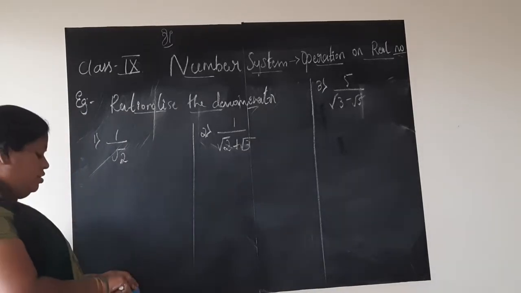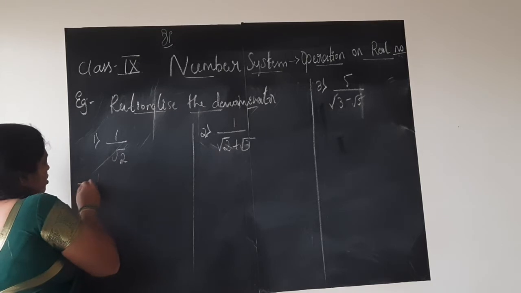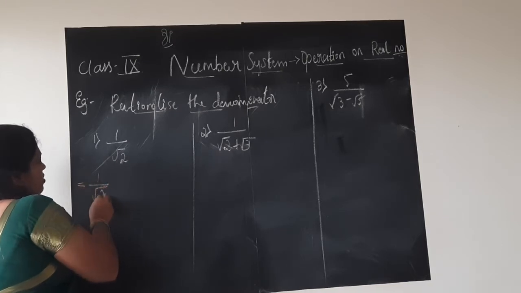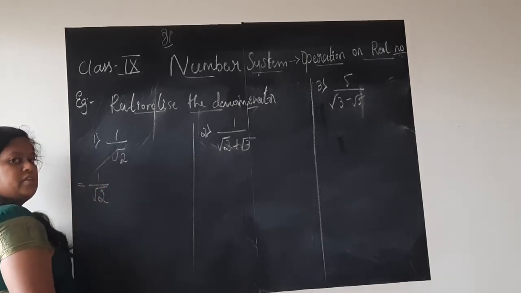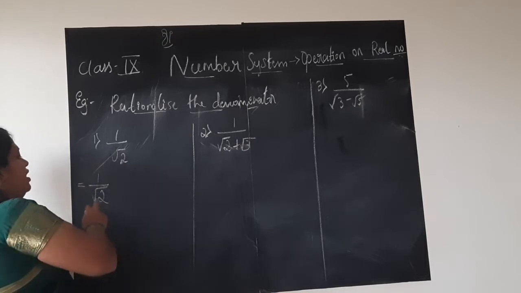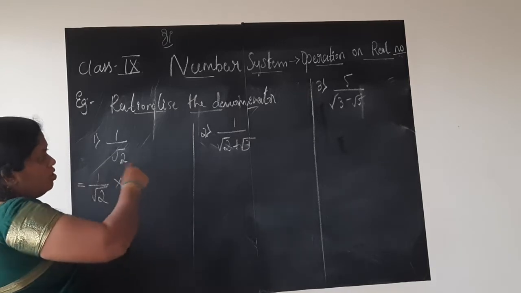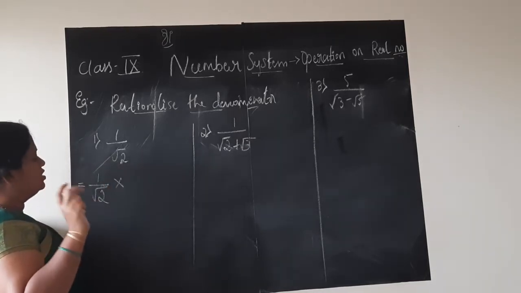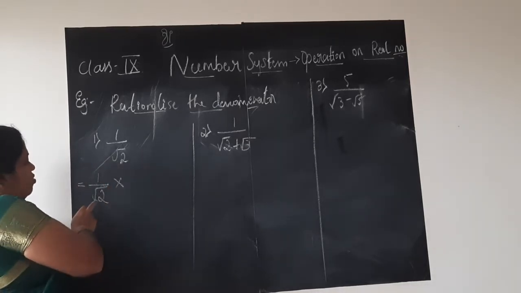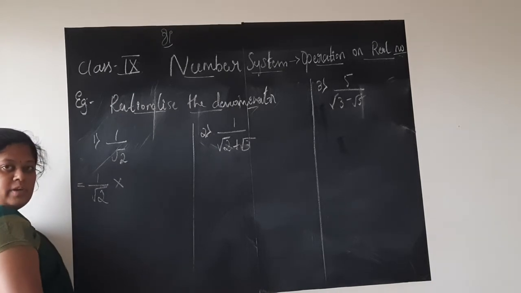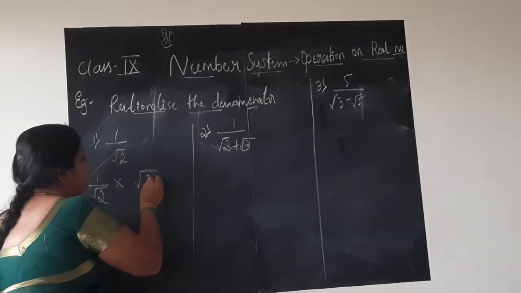So, rationalize the denominator of 1 by square root 2. Whatever the question is, you will write it as it is. Next, write a multiplication sign. For any form of question asked, write a multiplication sign.